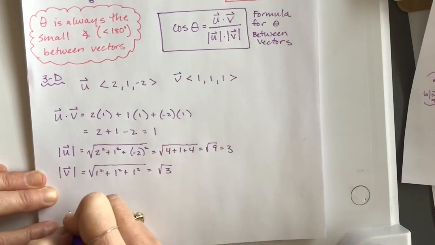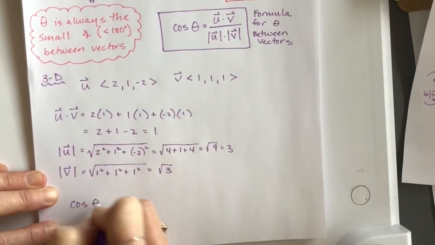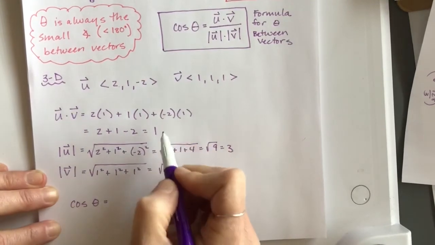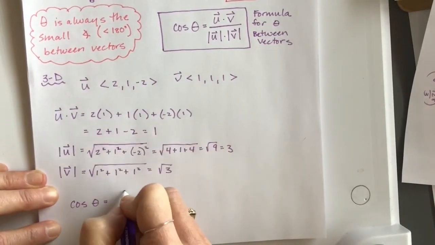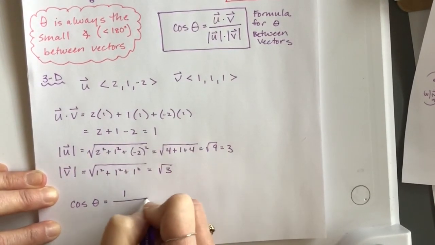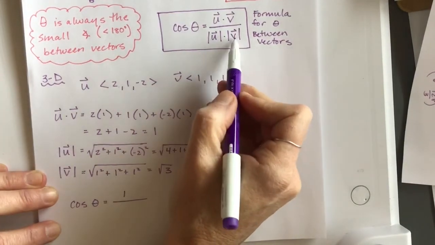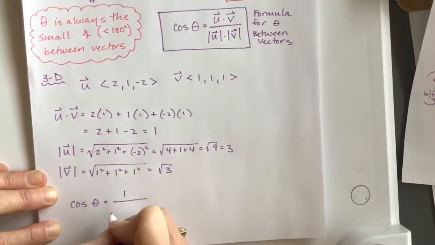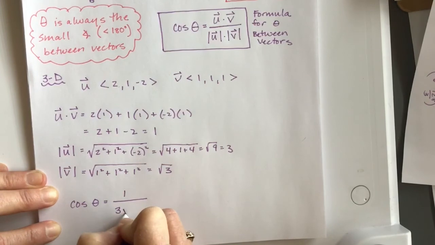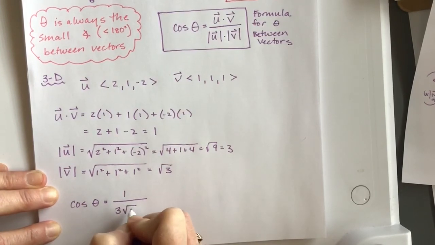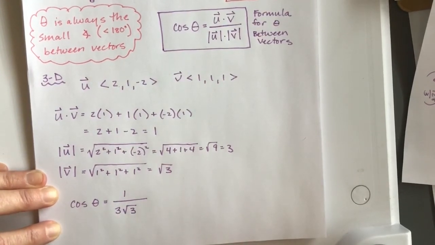Now we're going to use our formula. Cosine of theta is equal to u dot v, which was 1, over the magnitude of u, which was 3, times the magnitude of v, which was root 3. Now it's time for the calculator.